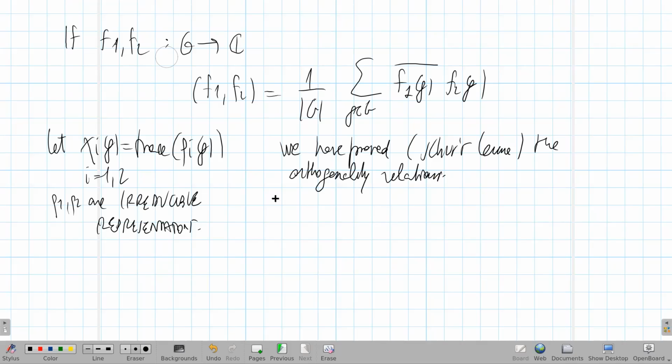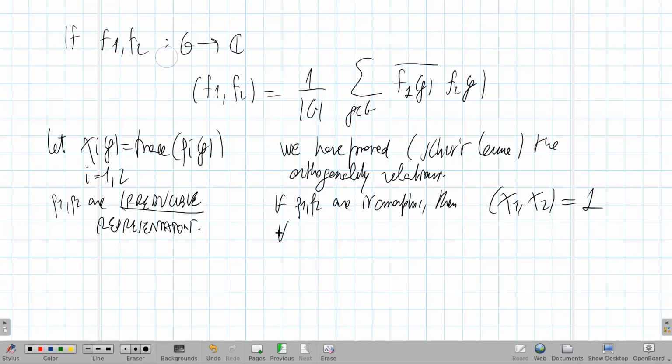And this tells you that if the two representations are isomorphic, then their inner product is 1. If they are not, then the inner product is 0, okay?